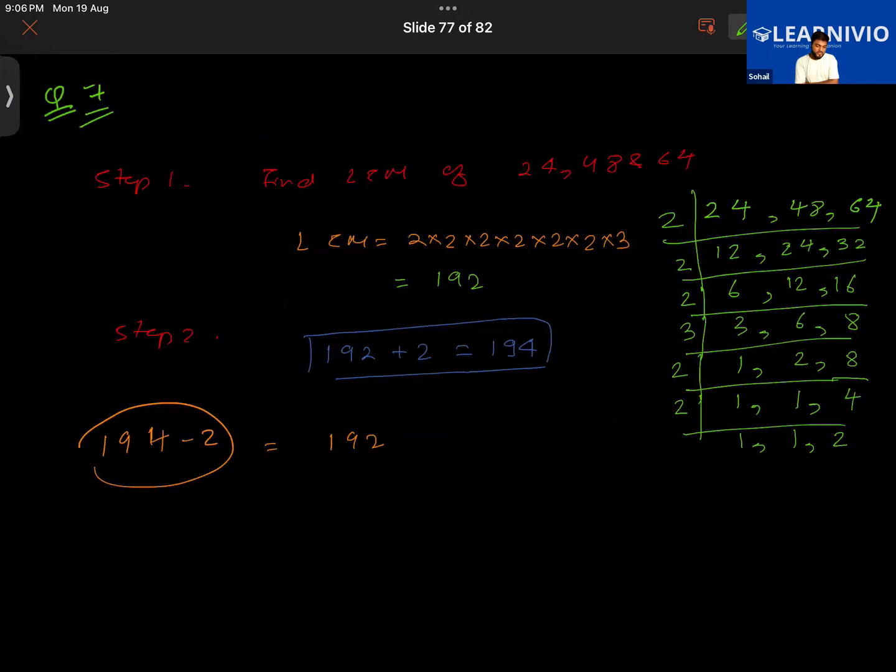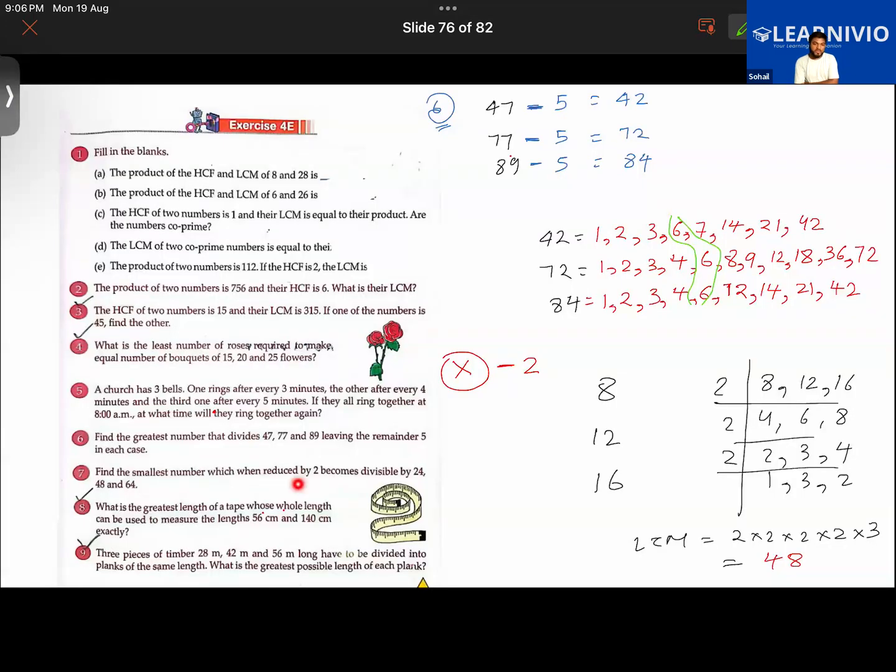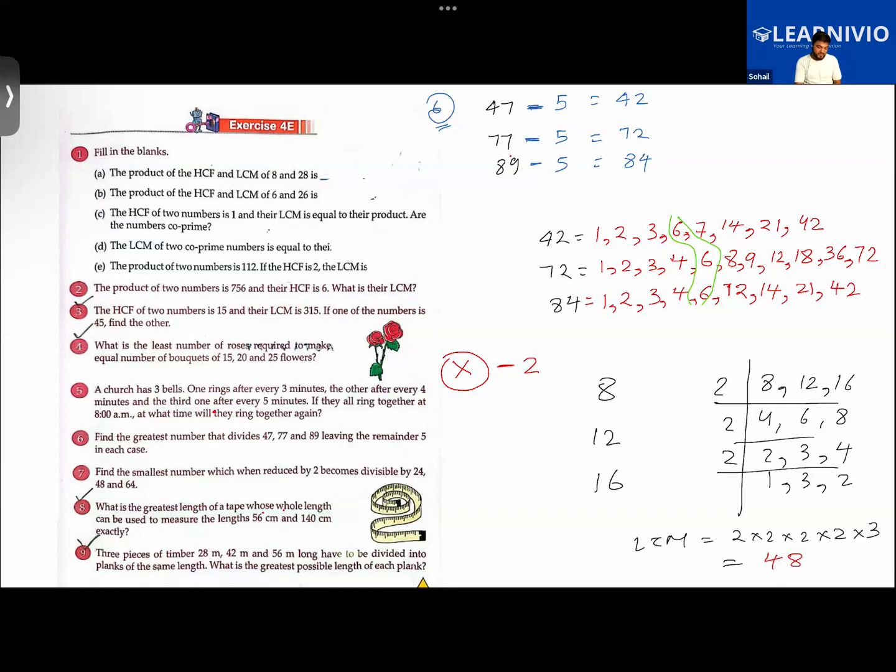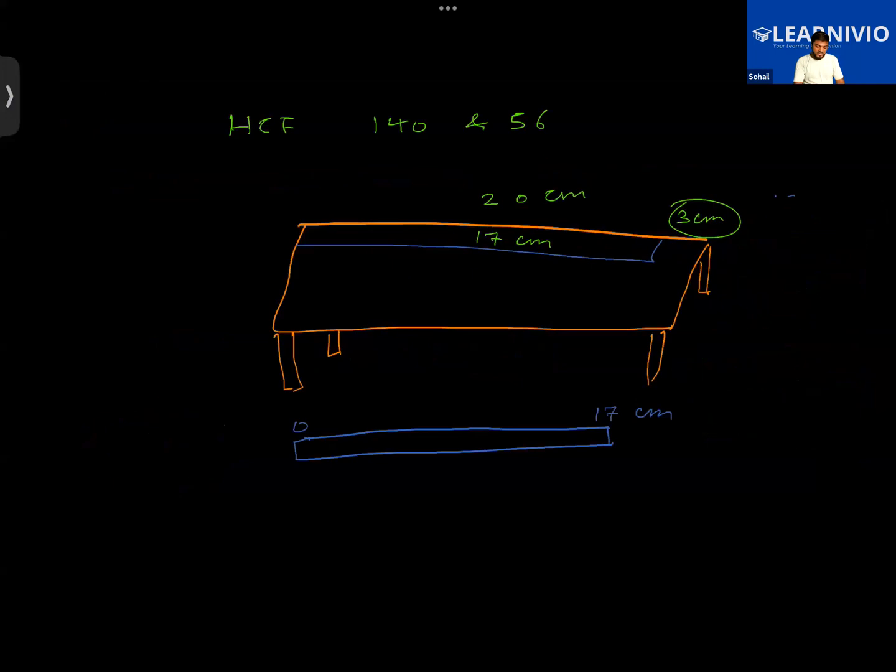Now in the question, what it was saying is what should be the greatest length of a tape whose whole length can be used to measure the lengths respectively 56 centimeter and 140 centimeter. So you found out the HCF to be 28 centimeter, right? Very good.